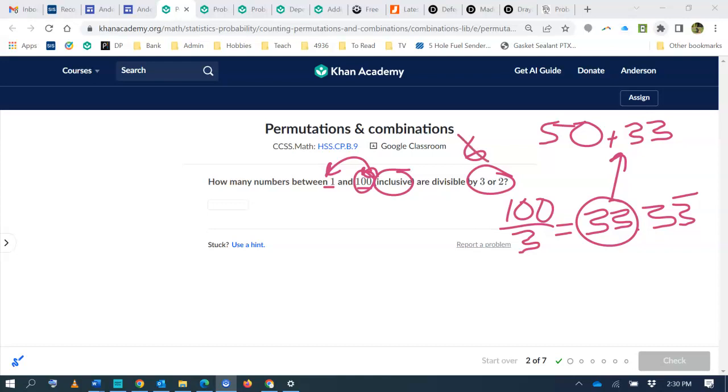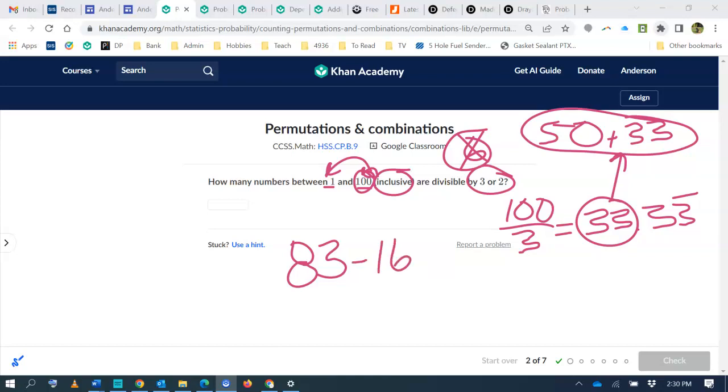So we need to remove the numbers that are divisible by 6 from this number, because it's being counted by both the 2's and the 3's. So 50 plus 33 gives us 83 numbers that are divisible by 3 or 2. But we need to remove the ones that are in both of those lists. So we take 100 divided by 6, which is 16. So 83 minus 16 gives me 67.